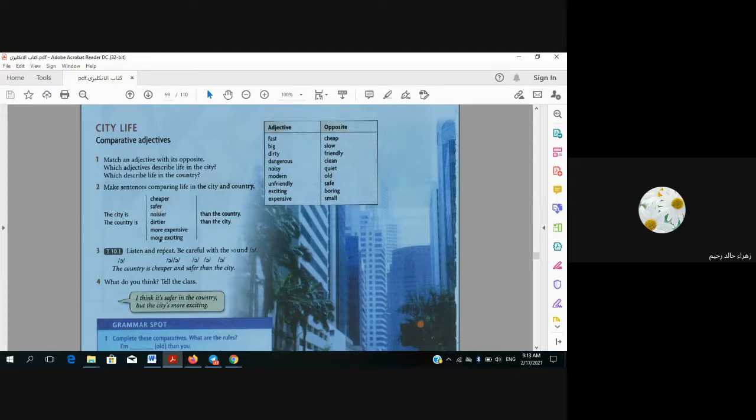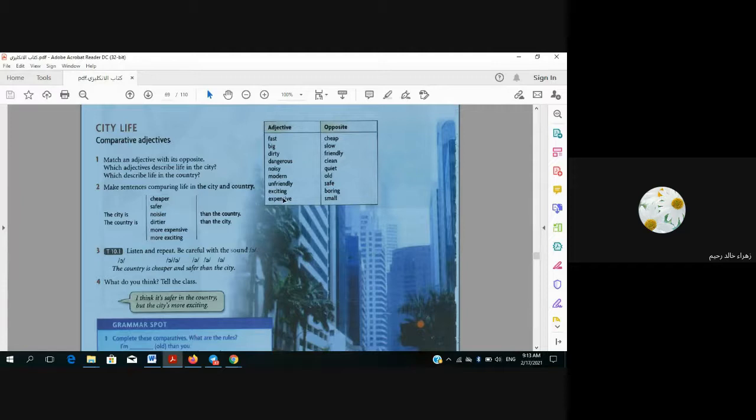If we have adjectives with more than one syllable, for example expensive, exciting, we put most before the adjective. Okay? You get it? Understand it? What about the others? Do all of you understand the comparative and superlative?